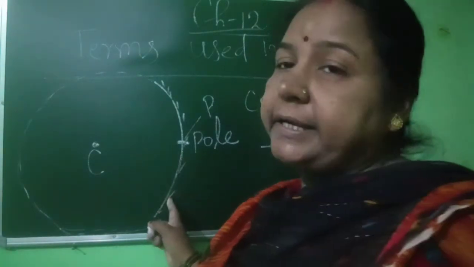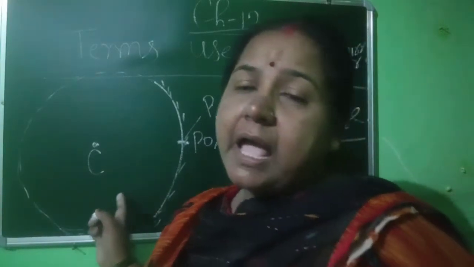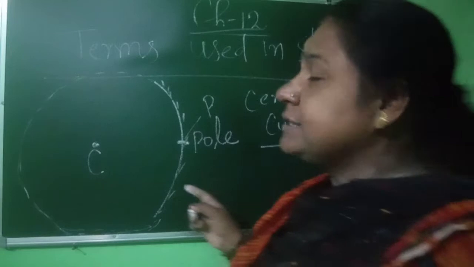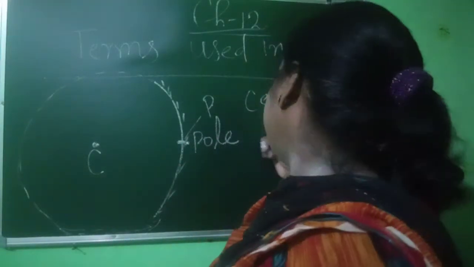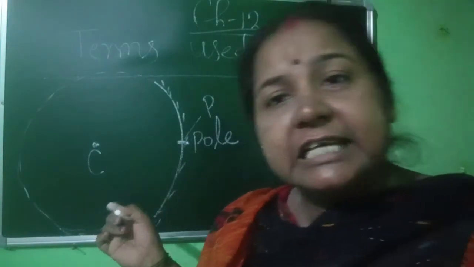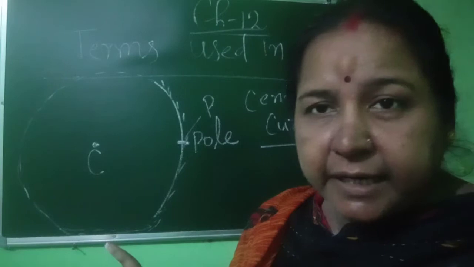This is the concave mirror, that is a spherical mirror, and this is the part of a sphere. And the center of that sphere is called the center of curvature of the spherical mirror. Understand?